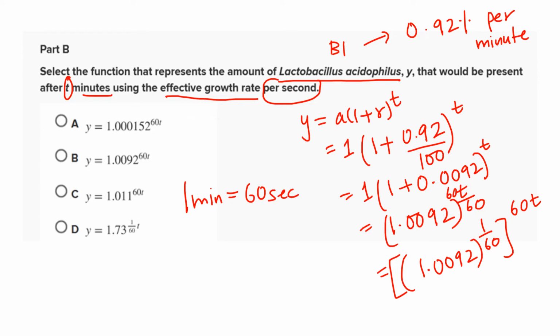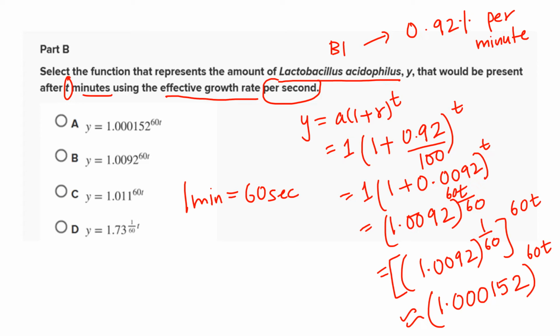Now if you do this calculation, approximately this will come out to be 1.000152. It's a complex calculation, so you may use your calculator, and then you are left with 60t. So this is your effective growth rate per second.